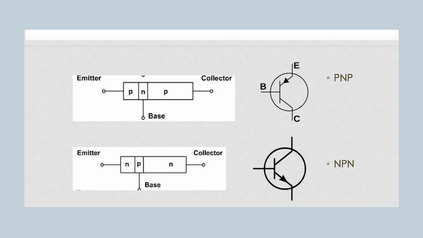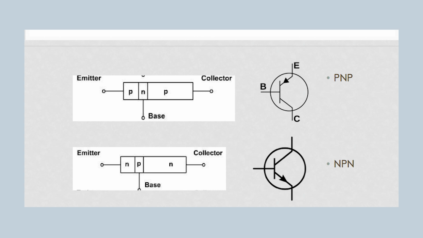If we connect two diodes back to back, it will not act as a transistor, because when we connect back-to-back diodes, we are assuming that there is no interaction between the two diodes. This means that the two diodes are operating independently.